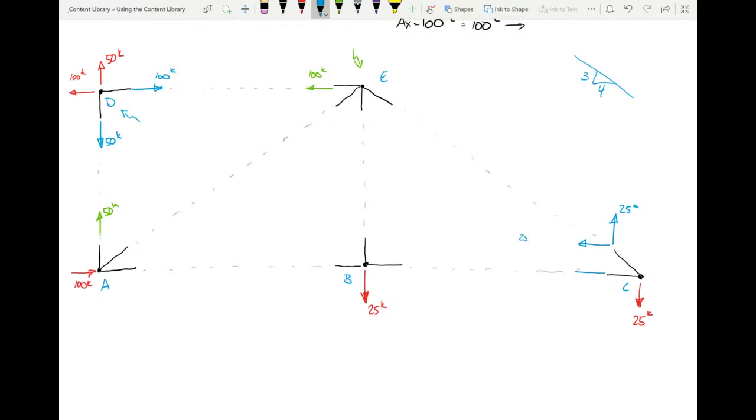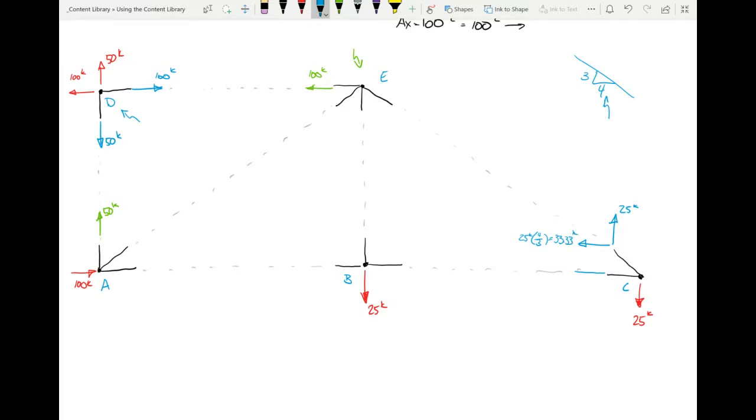We take 25 and multiply it by a fraction. The fraction's going to be 4/3, right? The larger number is on the horizontal. And so 25 times 4/3 is 33.33.